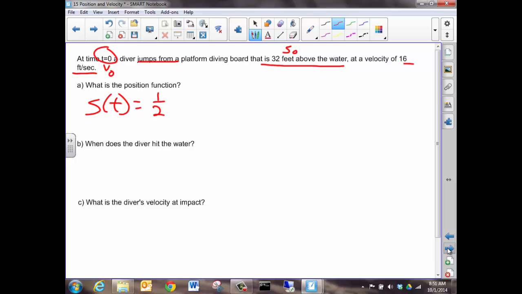It's negative 32 feet per second squared. So it's 1/2 times negative 32 t squared, and we can clean that up in a second. I'm just trying to help you write it down. Plus v naught t. What's v sub 0? 16t. What's S sub 0? 32. And I can clean that up to negative 16t squared plus 16t plus 32. All right?